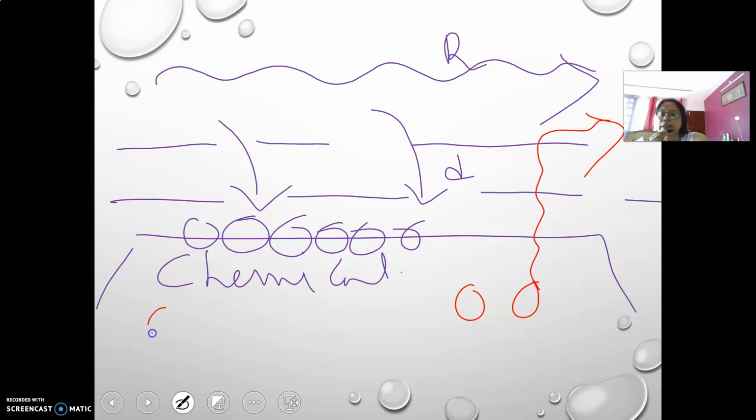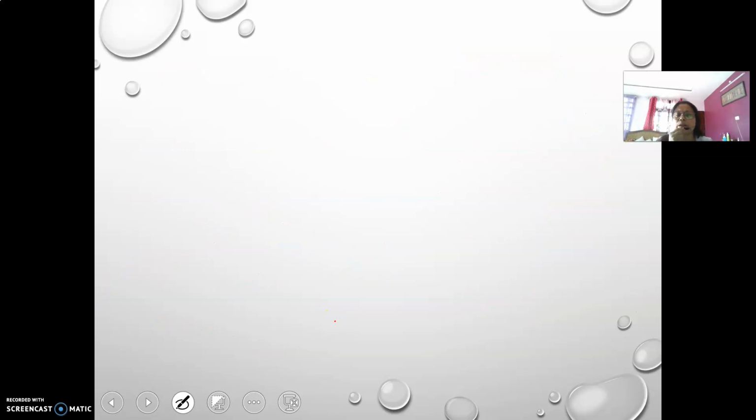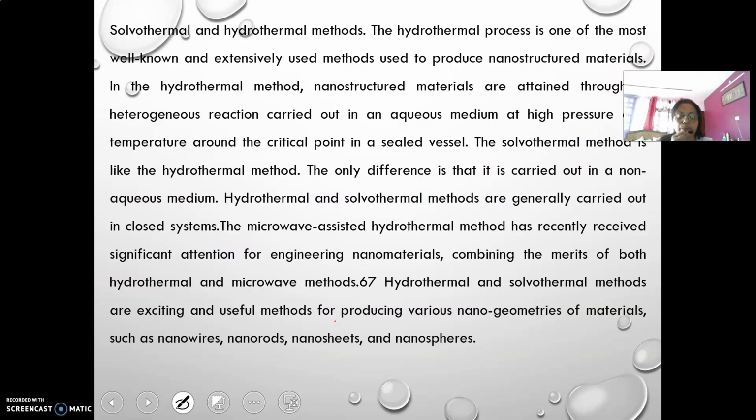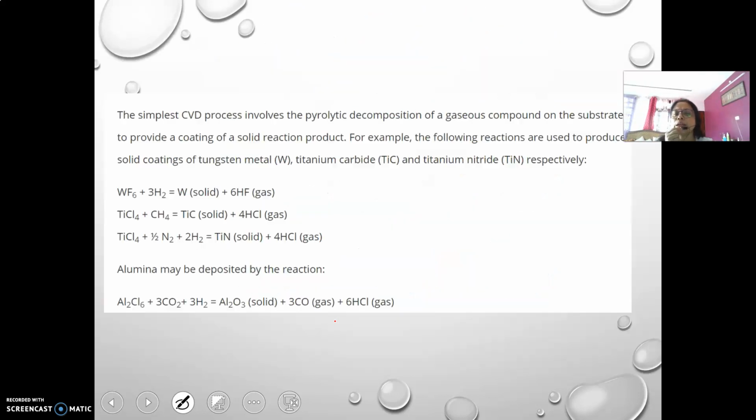Just as I showed last time with tungsten hydride, when we allow them to react, or if we want to deposit it with titanium nitride or titanium chloride. Tungsten hexafluoride, when reacting with hydrogen at high temperature, will give you the metal.